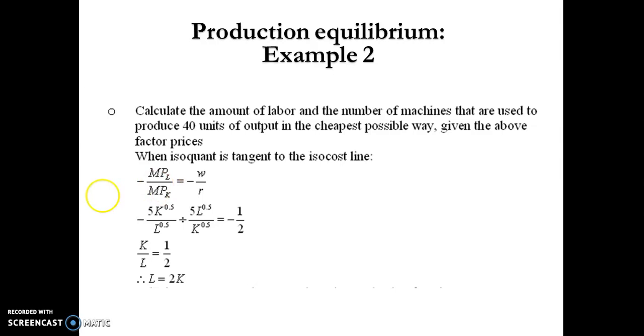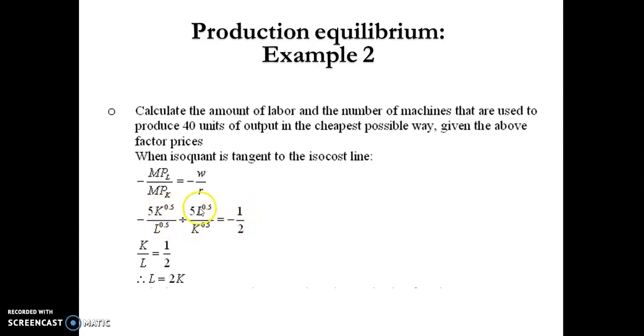So on the left hand side here, you can see we have your marginal product of labor divided by your marginal product of capital. This represents your marginal rate of technical substitution, the slope of that isoquant. And on the right hand side, we have the ratio of our wage rate over our rental rate, and that was minus a half.